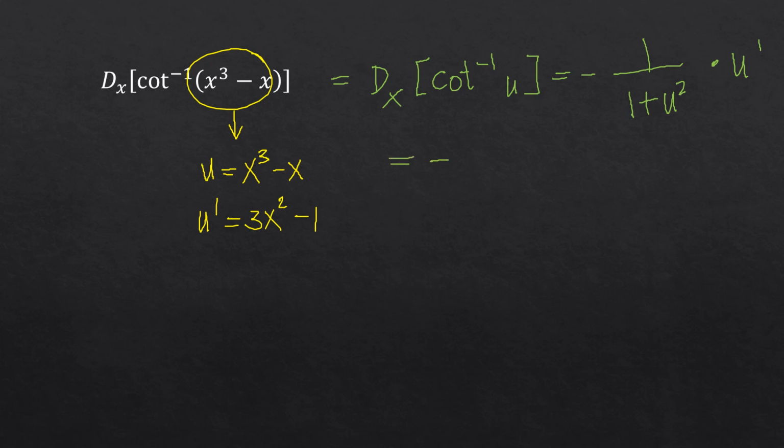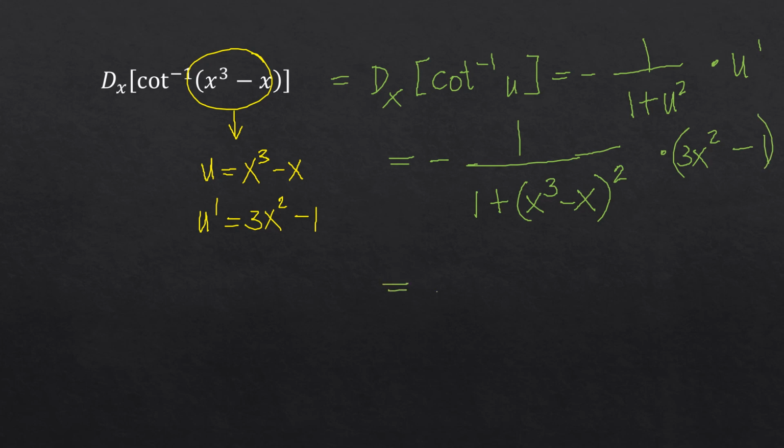Therefore, replacing u into its corresponding value, we have 1 plus the square of x cubed minus x. And the derivative of u is 3x squared minus 1. So our answer can now be negative of 3x squared minus 1 over 1 plus the square of x cubed minus x.